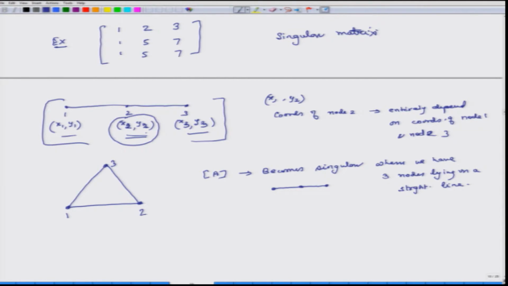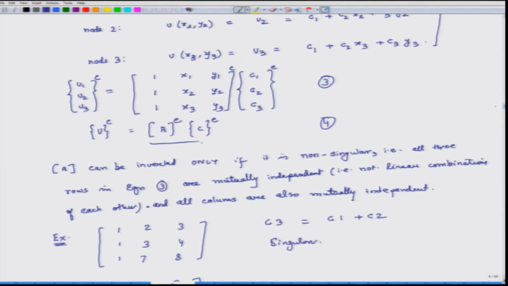Then we will have a matrix which becomes singular, and when it becomes singular we cannot invert it, and if we cannot invert it we cannot express these C's in terms of U's.